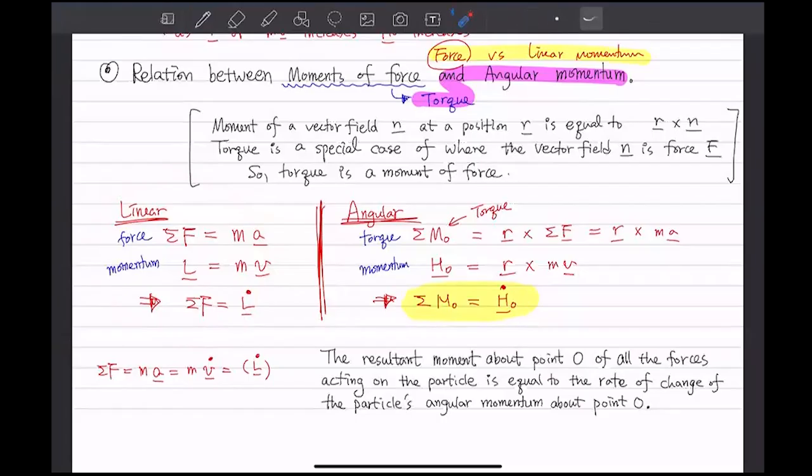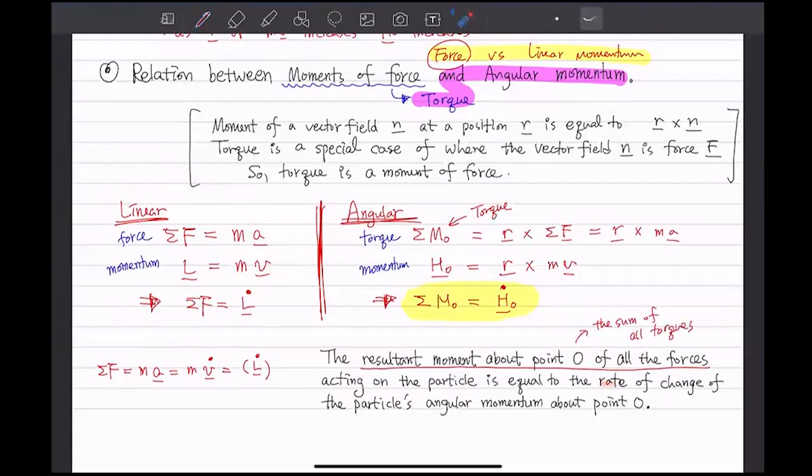Okay, so the resultant moment about a point O for all the forces acting on that particle, and so that means this thing is the sum of all torques, right?